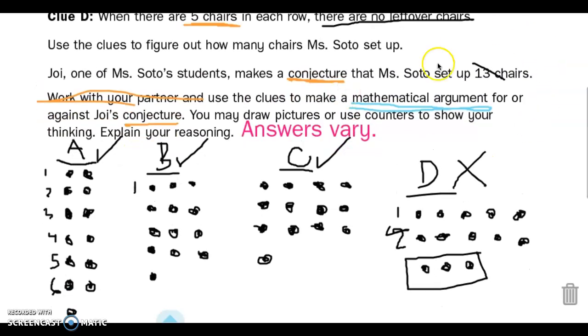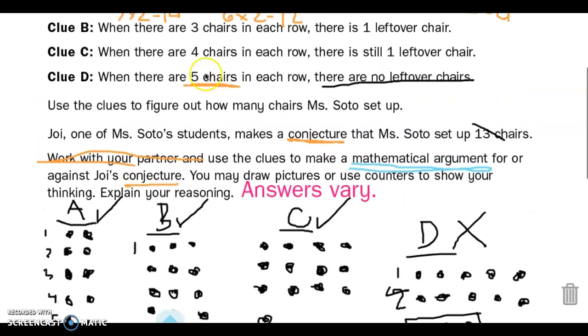But you know what clue told us this wouldn't work? Well, when there are 5 chairs in each row, there are no leftover chairs. What are multiples of 5 again? 5, 10, 15, 20, and so on, because I know we're pretty good at counting by 5s.